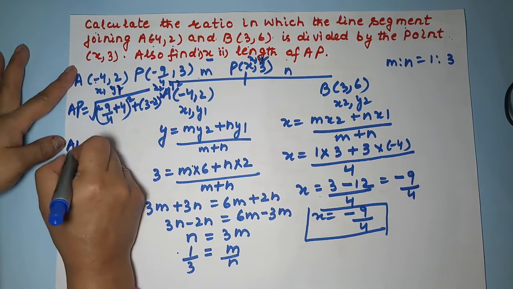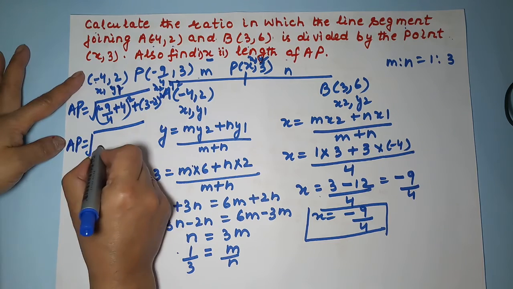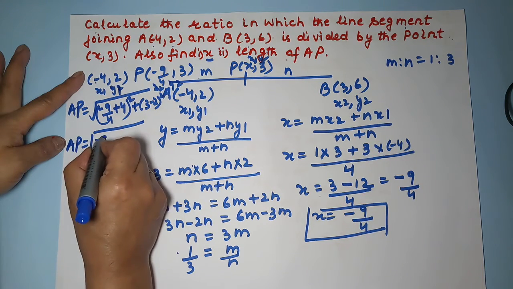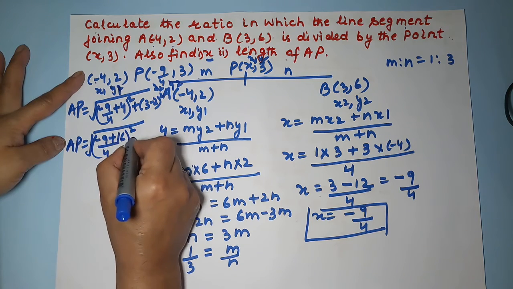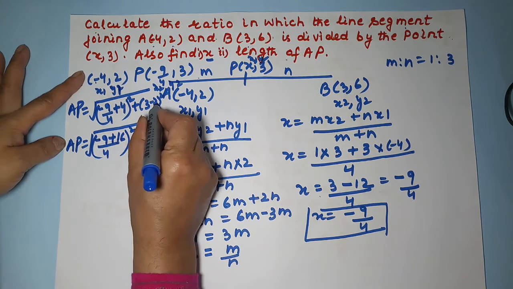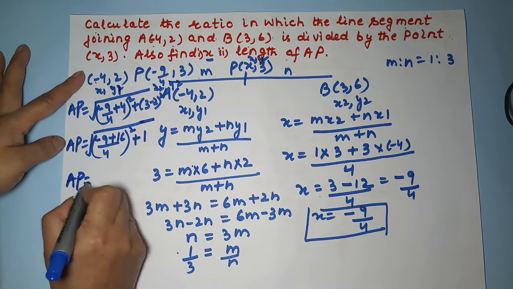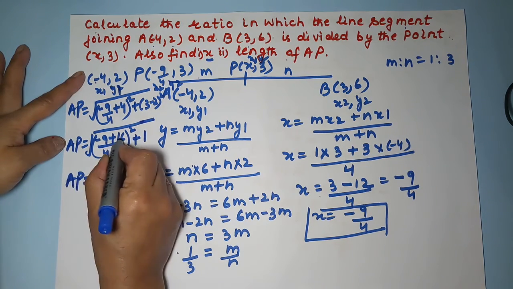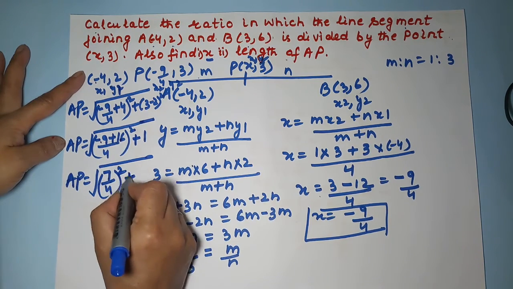So my AP is now under root of, if I take 4 LCM inside, I'll get minus 9 plus 16 and then whole square plus 1, because 3 minus 2 is 1, 1 square is 1. So my AP will be under root of 16 minus 9 is 7 by 4 whole square plus 1.